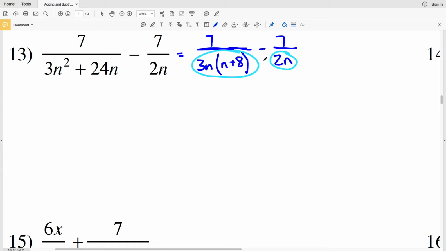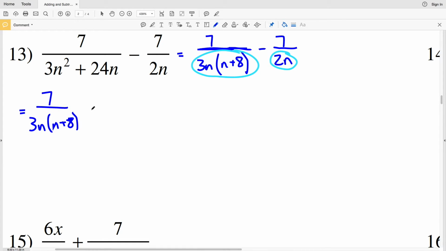However, I'm going to manipulate them so I don't have to necessarily multiply by 3n times n plus 8 or 2n over 2n. So, for example, 7 over 3n times n plus 8, I need to make a similar denominator. And because my n's are already similar, it's my 2 and 3 that I need to find a common multiple of, and that's going to be 6.